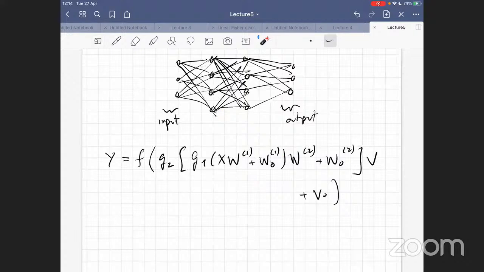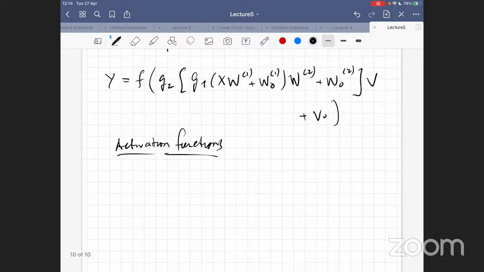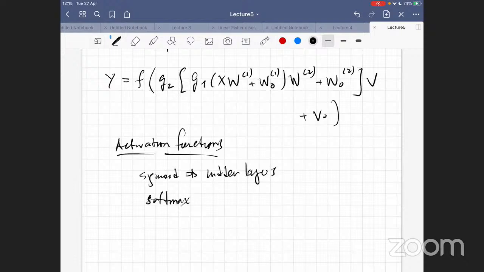Okay, so what about the activation functions? For example, I can have the sigmoid for hidden layers, and then I can have the softmax that we just saw in the lecture on classification for the output layer.